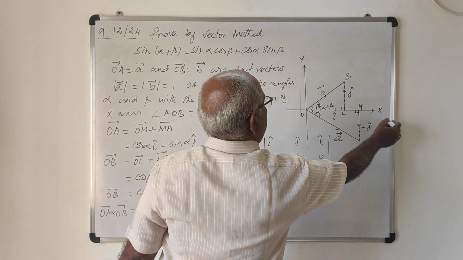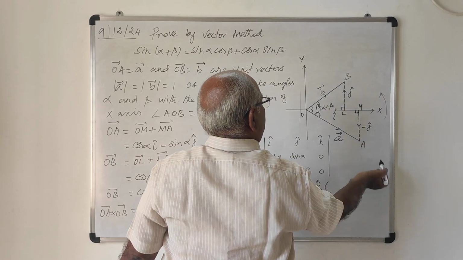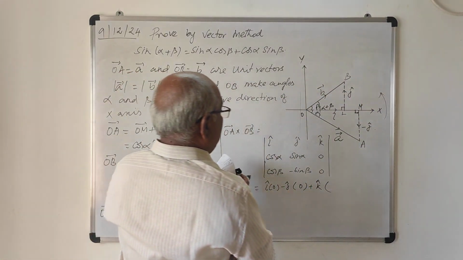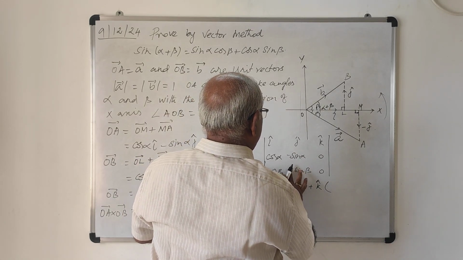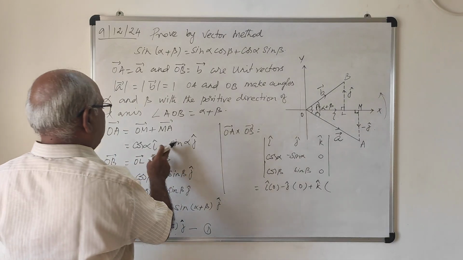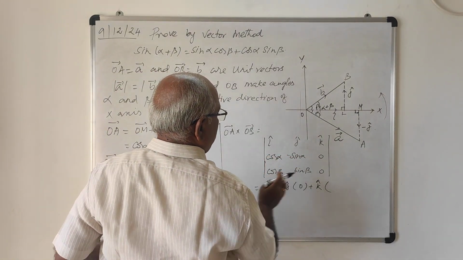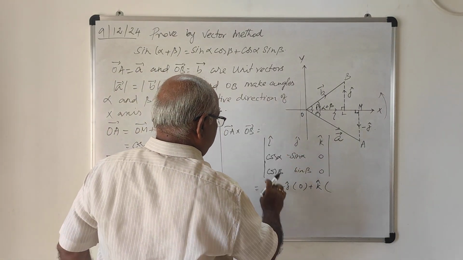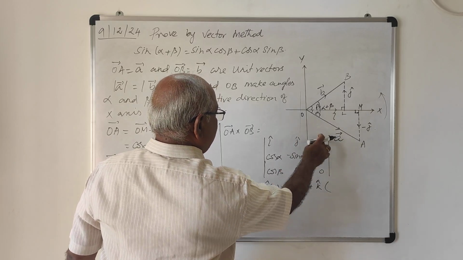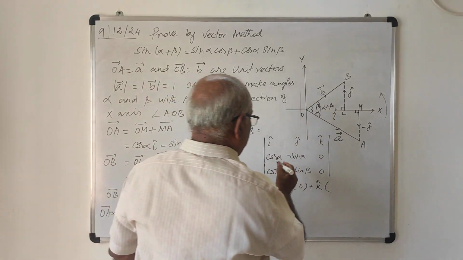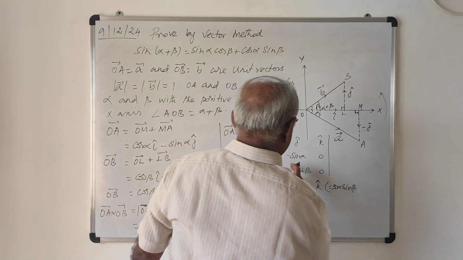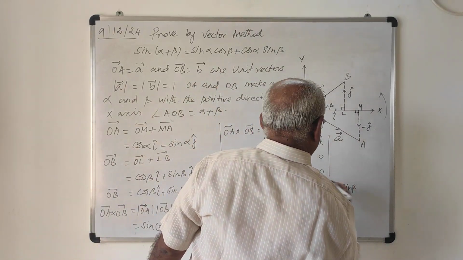Similarly, OA cross OB is also in the anti-clockwise direction. OA cross OB: I, J, K; OA is cos alpha, minus sin alpha, 0; OB is cos beta, plus sin beta, 0. Now I vector into 0, J vector into 0, plus K vector into cos alpha sin beta minus of minus plus sin alpha cos beta.